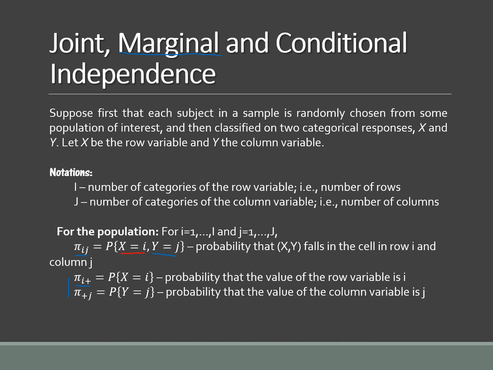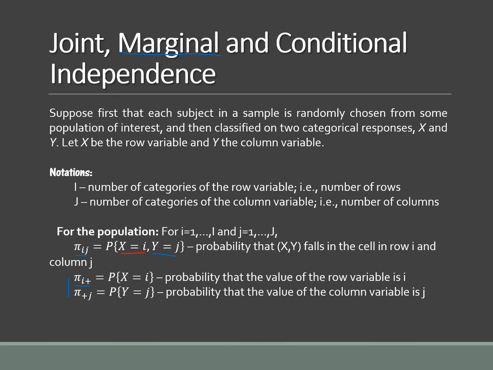But since we have a plus here, it means you are not considering the column position. So this is the probability that you are in the ith row regardless of the position in the column. That is why this is a marginal probability.